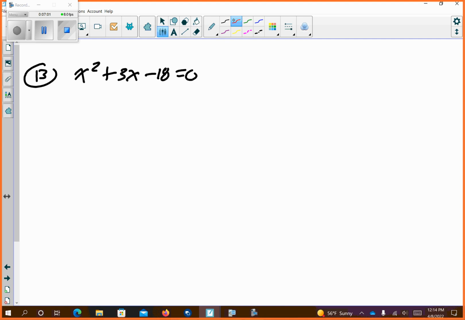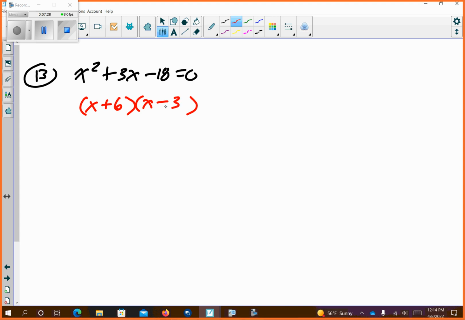I'm going to choose to factor this one. Why do I do that? This is going to factor, and this will actually factor our quick way. Okay? What two numbers multiply together to give me negative 18 and add together to give me positive 3? 6 and what? 6 and 3.